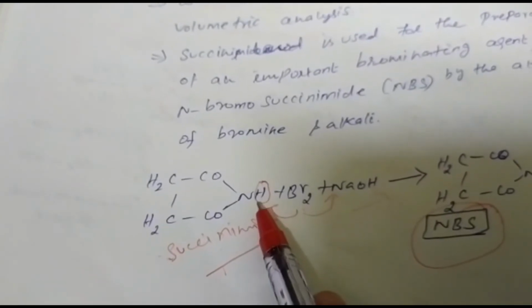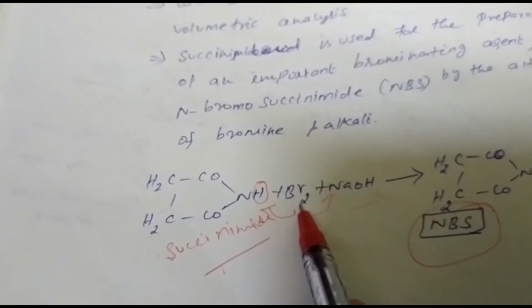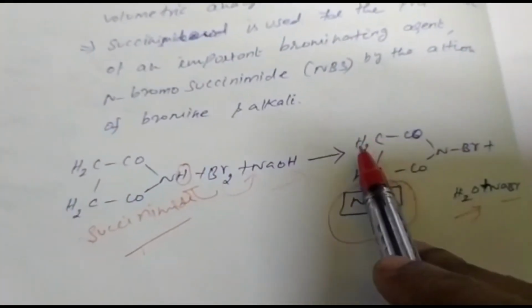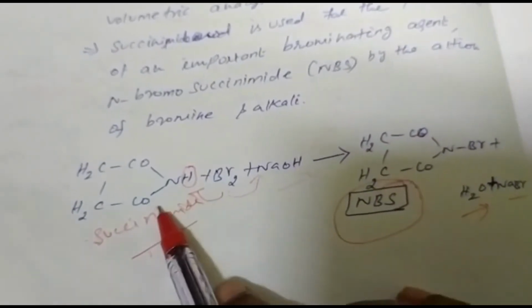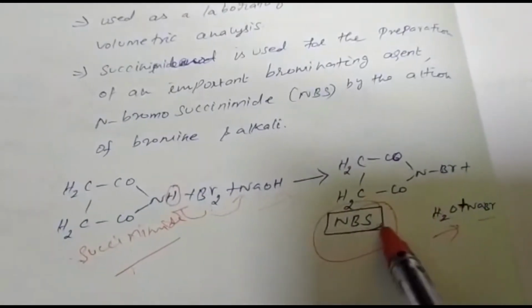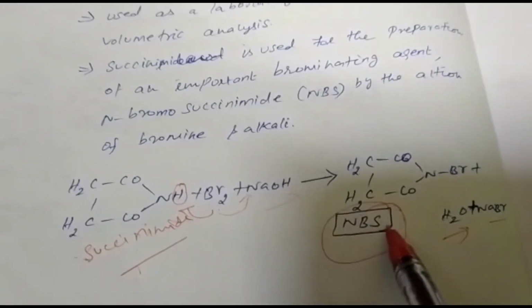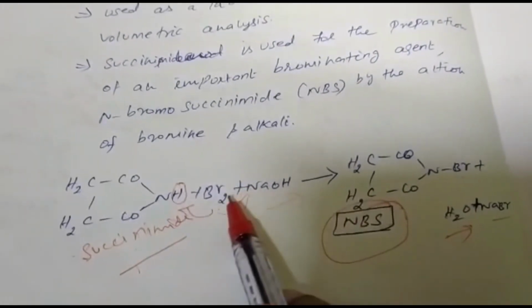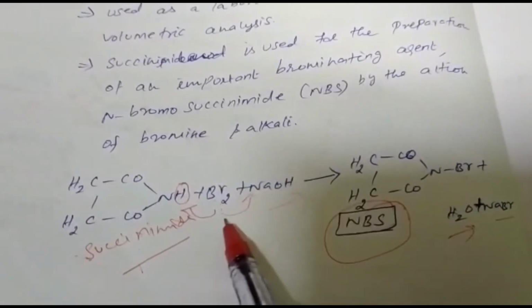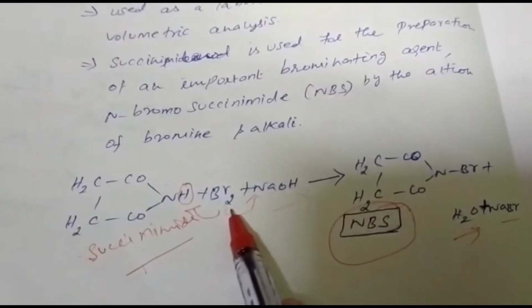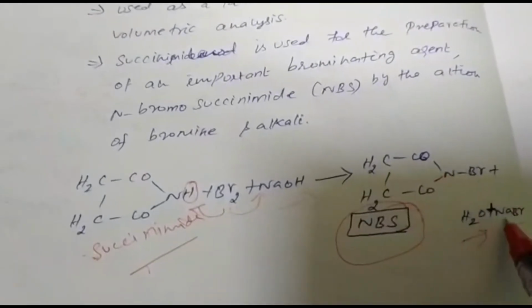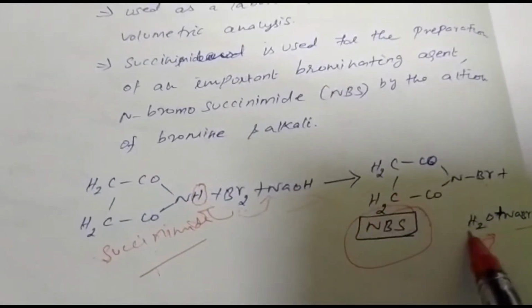One of the hydrogens is replaced by bromine, to get CH2CO, CH2CO, NBr. This is the structure of N-bromosuccinimide. Simply it is represented as NBS. So what is the other product? The sodium combines with the bromine and is removed as sodium bromide. The OH is removed as water.